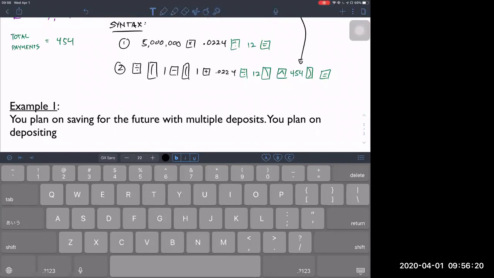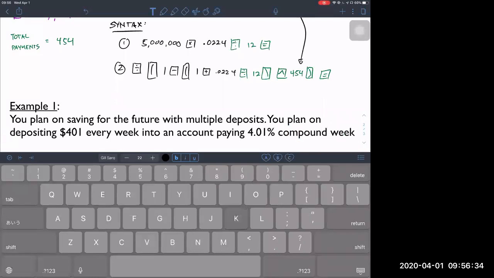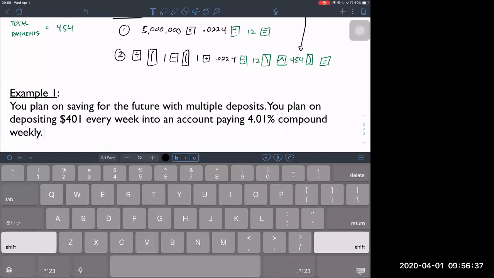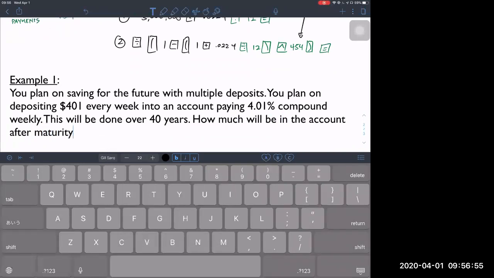April Fools, everyone. $401 every week into an account paying 4.01% compound weekly. Done over 40 years. How much would be in the account after maturity? How much interest was accrued?